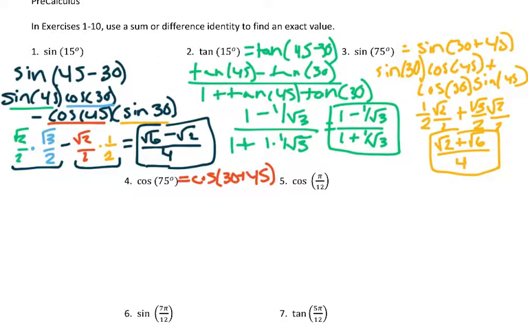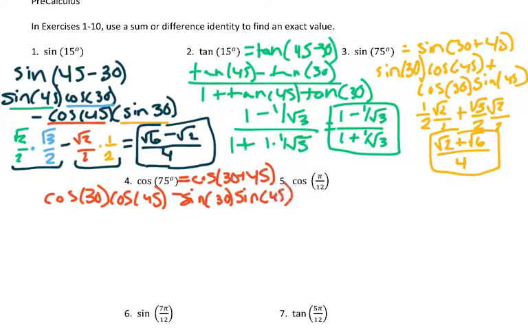So cosines being added here is going to be cosine of 30 times cosine of 45, and to that we're going to subtract sine of 30 times sine of 45. Alright, so cosine of 30, again referencing the problem above, is square root of 3 over 2.